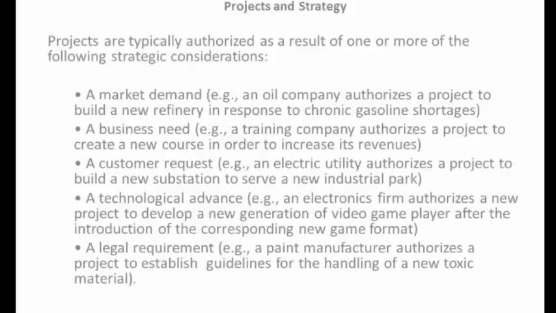A customer request: a utility authorizes a project to build a new substation to serve a new industrial park. A technological advance: an electronics firm authorizes a new project to develop a new generation of video game player after the introduction of a corresponding new game format.